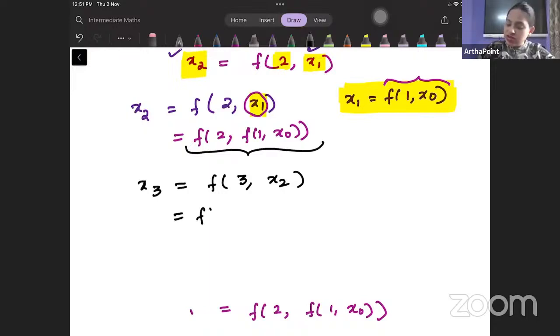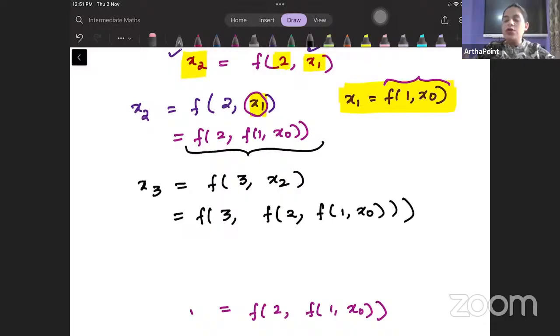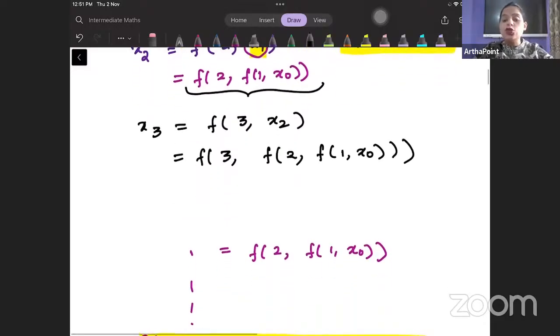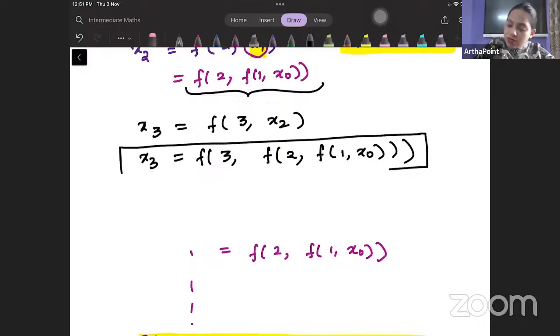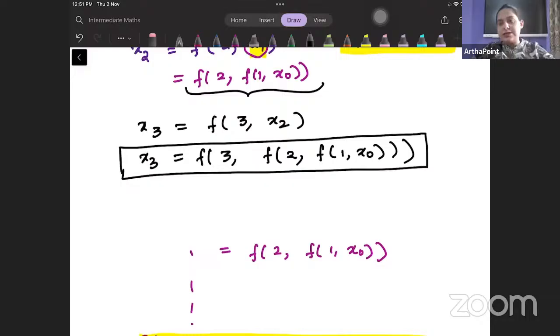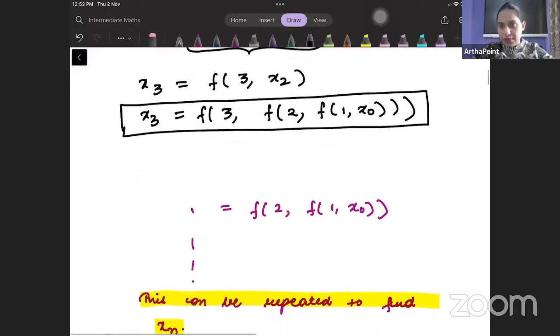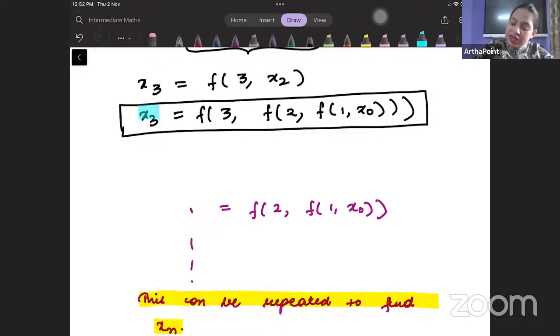So I can just say 3 comma f of 2 comma f of 1 comma x naught. What is the conclusion from here? What am I coming to from here? But from this entire analysis, I am coming to the fact that ultimately each variable can be written as a function of the first variable.